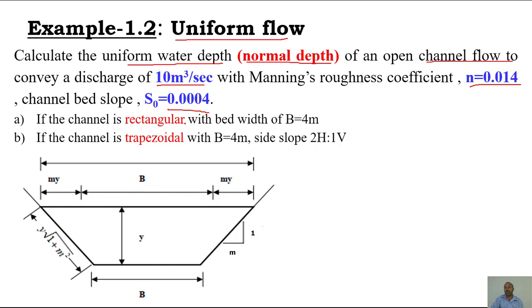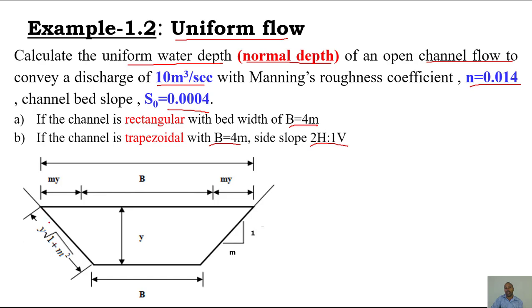If the channel is rectangular with bed width of 4 meter, what will be the normal depth? If the channel is a trapezoidal section with bottom dimension 4 meter, side slope 2 horizontal, 1 vertical, what will be the normal depth, the uniform flow depth?